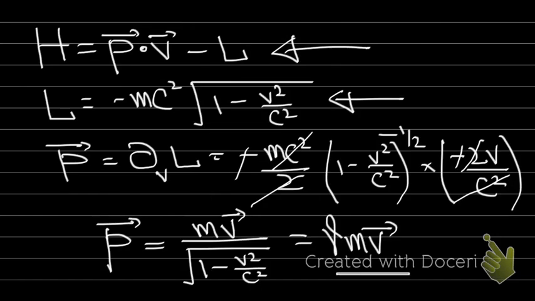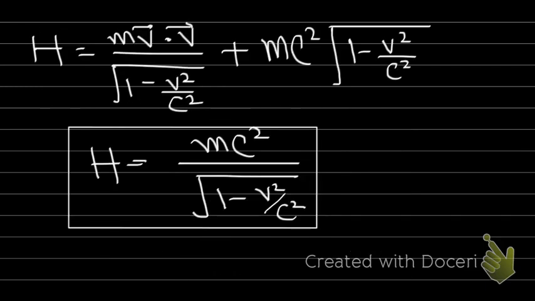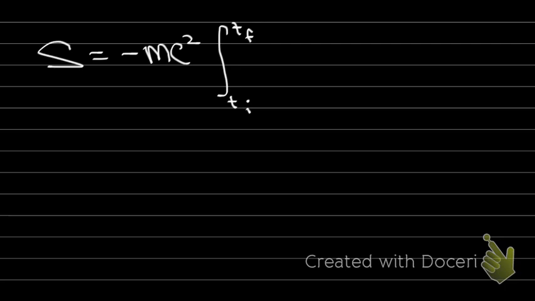Hence we recovered the familiar physics of a relativistic particle from the action that we claimed earlier, which let me write down again: S is equal to negative mc squared times the time integral from initial time to some final time of dt.